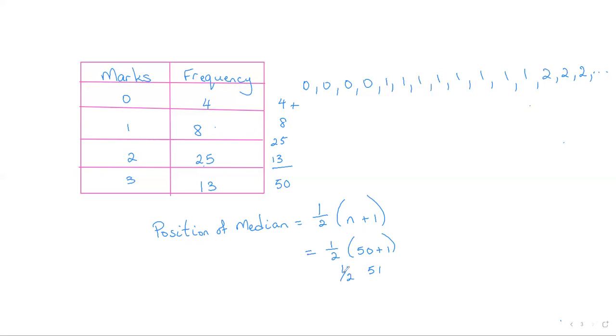So I could find out what is half of 51, which is 25.5. Now remember, 50 is an even number, which means I'll have two numbers at my middle. So when I get 25.5, it means that it's going to be between the 25th position and 26th position.